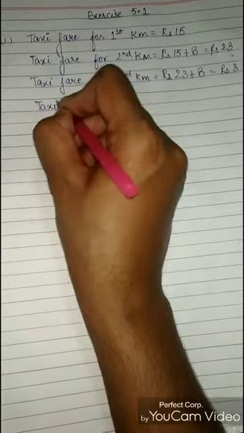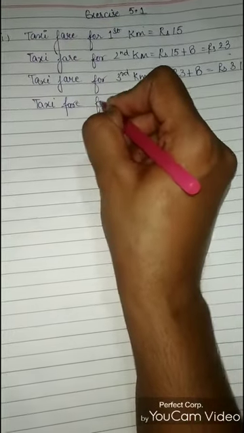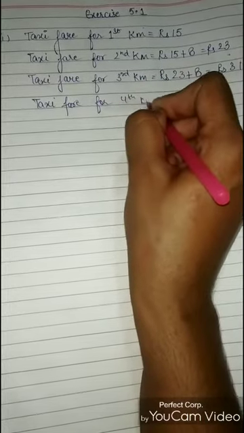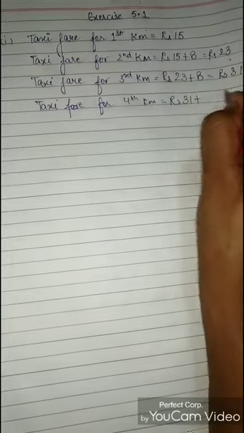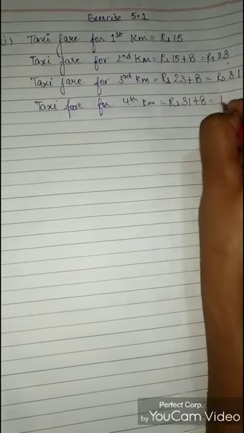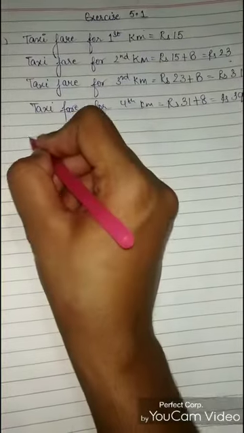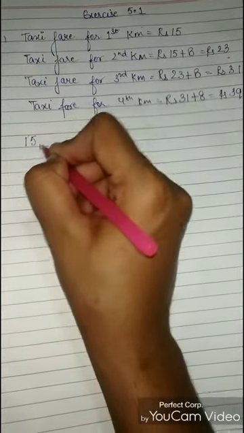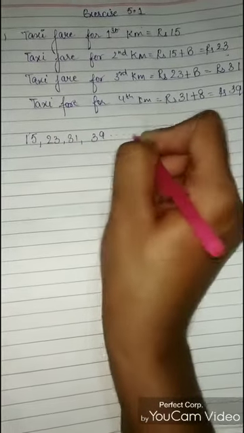Next, one more kilometer, taxi fare for fourth kilometer will be equals to rupees 31 plus 8, that means rupees 39, right? So here the sequence is 15, 23, 31 and 39, and so on.